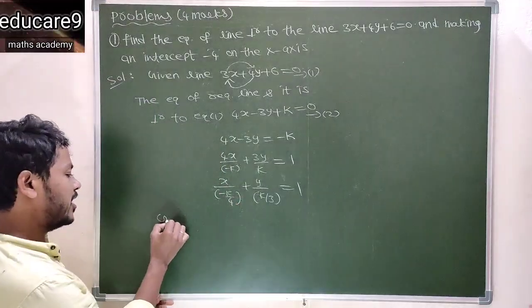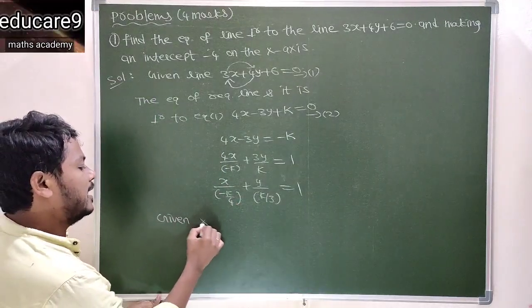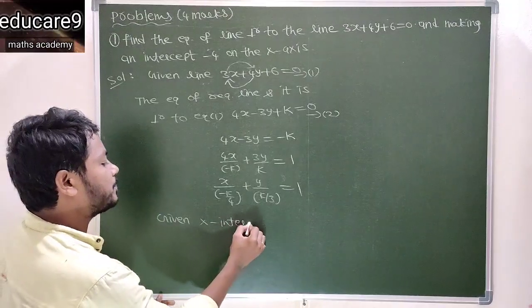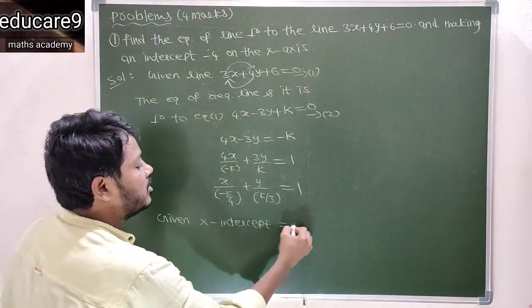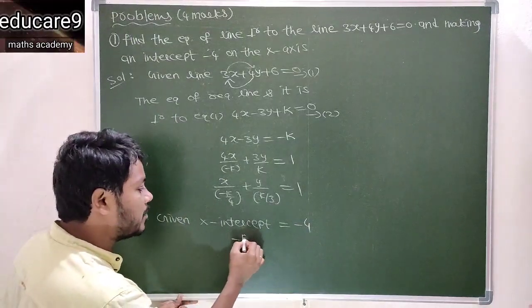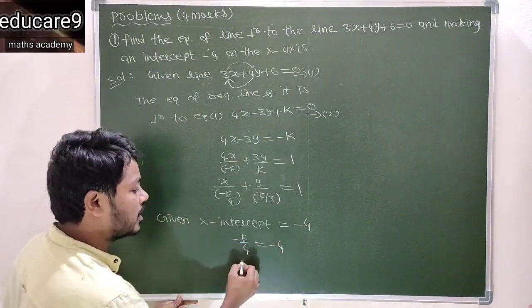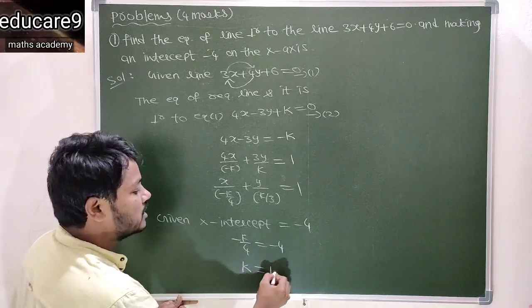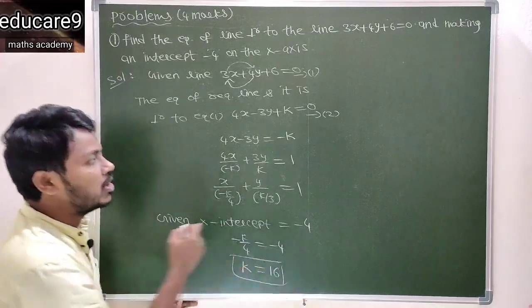So this line makes an intercept minus 4 on the x-axis. See here, given x-intercept is equal to minus 4. So what is the x-intercept here? Minus k by 4 is equal to minus 4. So k is equal to 16. So this is the value of k.